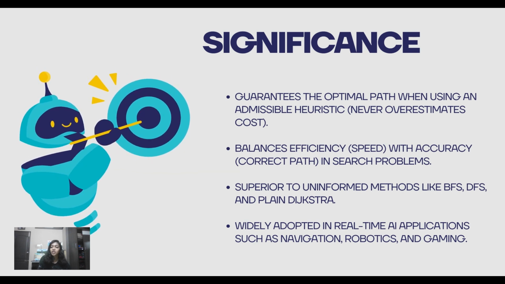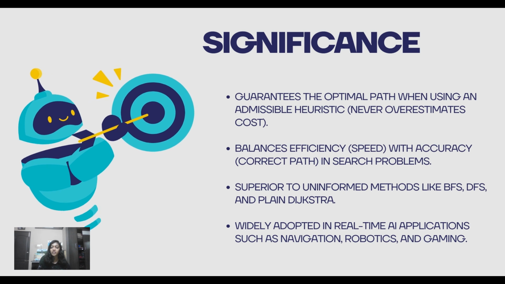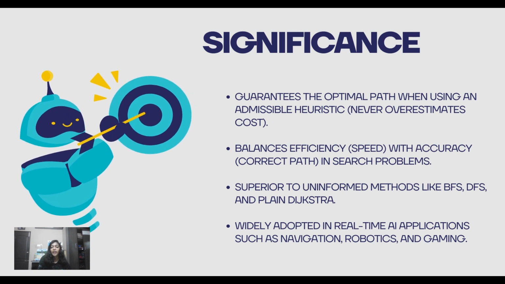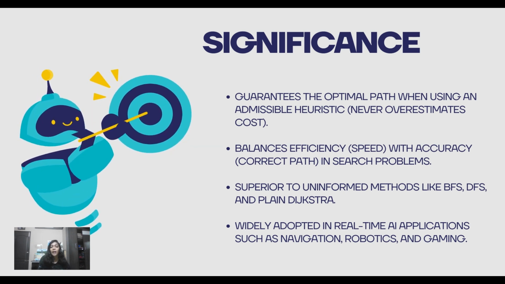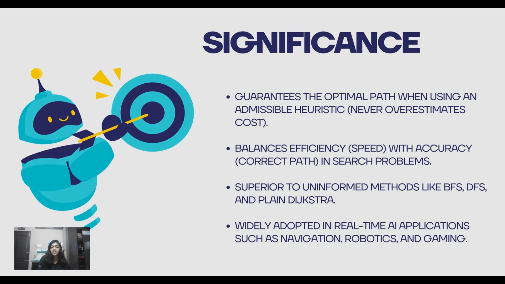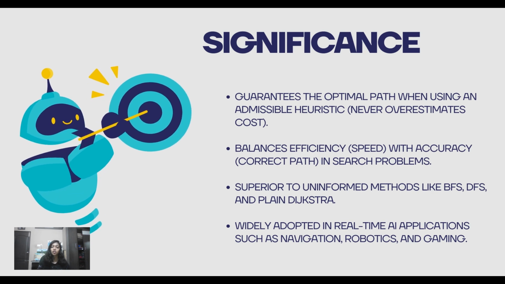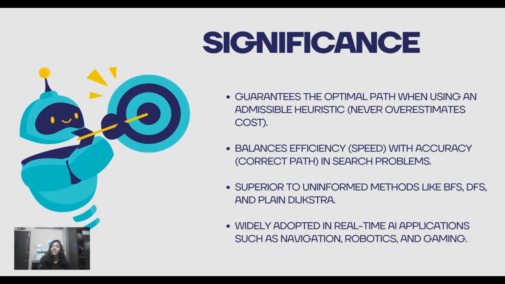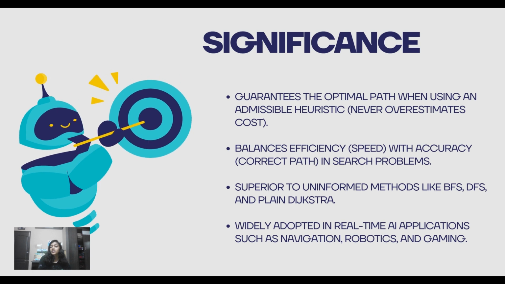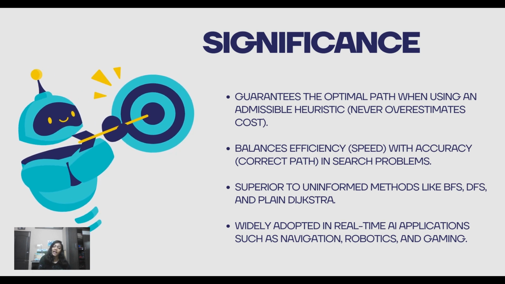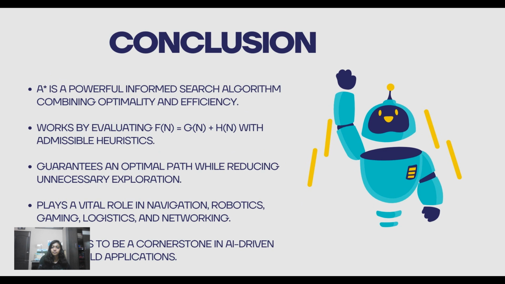It is superior to uninformed methods like BFS, DFS, and plain Dijkstra, as the A star search algorithm combines the advantages of both the Dijkstra algorithm and the greedy best first search algorithm. It is also widely adopted in real time AI applications such as navigation, robotics, and gaming.